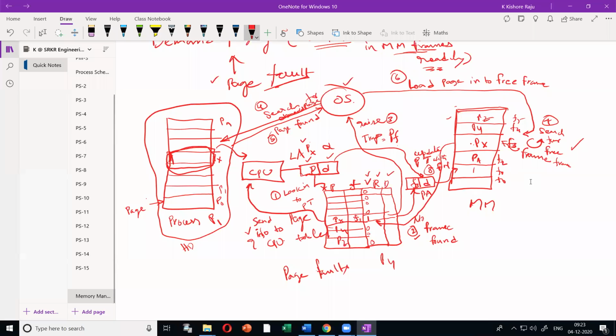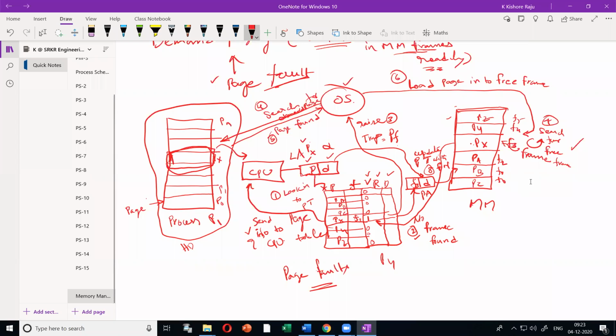PA, PB, PC. Now all the frames are full.